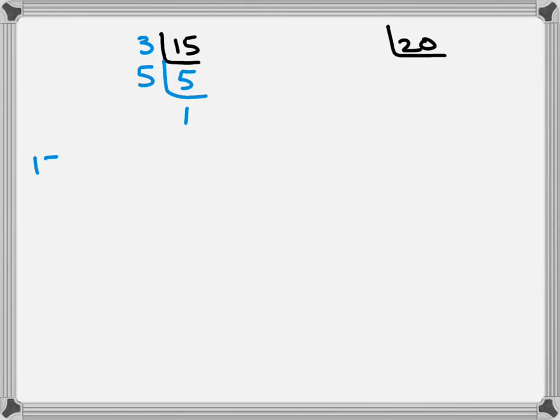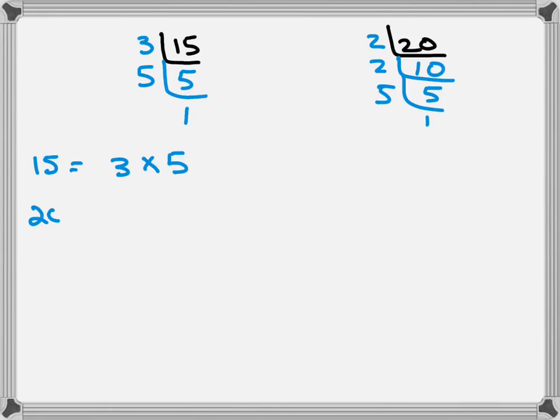So 15, its prime factors are 3 times 5. And then here we're going to go quickly, just factorize it. Okay, so 20 is equal to 2 times 2 times 5.